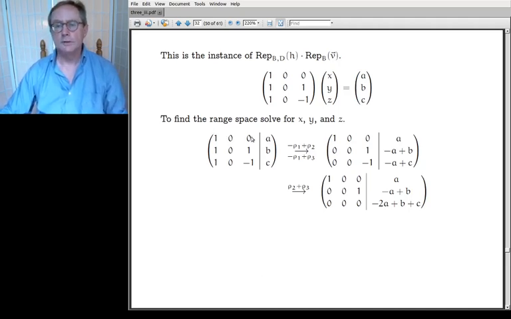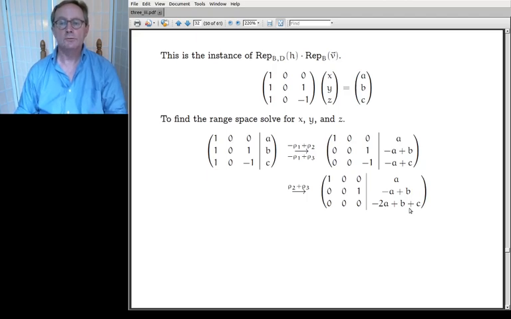To find the range space, of course, I want to figure out which A, B, Cs can happen. So I do Gauss's method, and I find that some A, B, Cs can happen, but some cannot. And the restriction is that a representation with A, B, and C can happen exactly if 0 equals negative 2A plus B plus C. So again, the output representation here, this is a representation with respect to D, is possible if and only if 0 equals minus 2A plus B plus C. So there's a restriction on which vectors in the output space can happen.